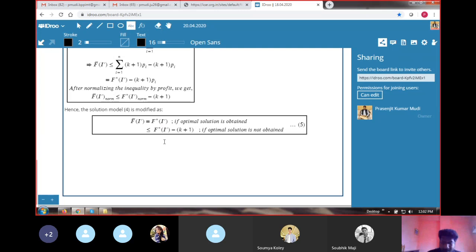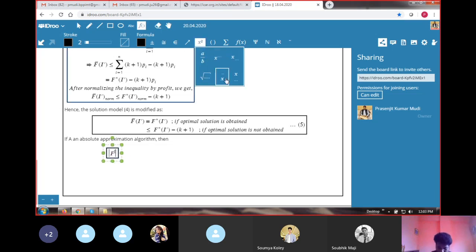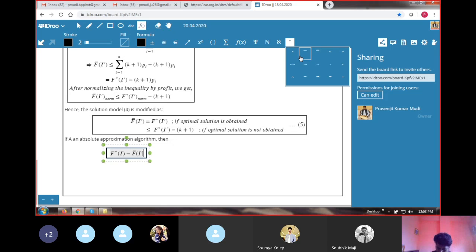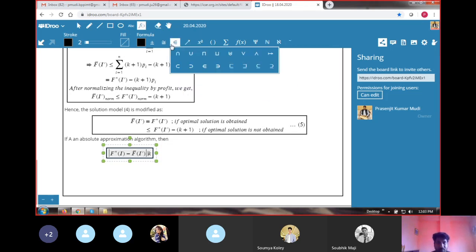Now what we take: if A is an absolute approximation algorithm, then we must have the difference less than or equal to k, for example, no issue.